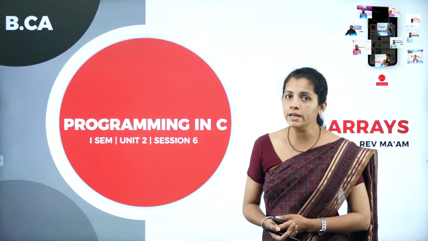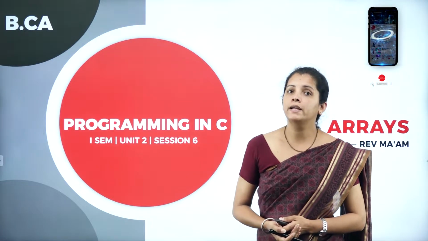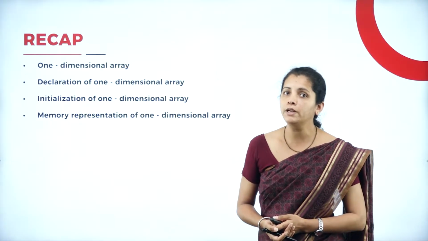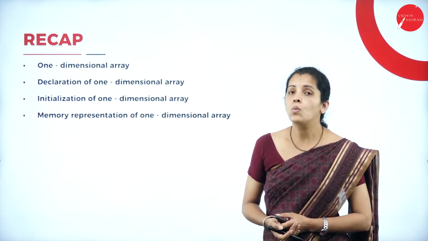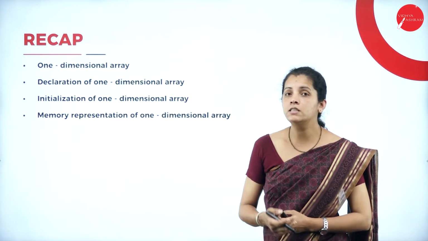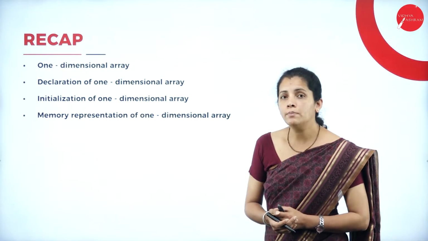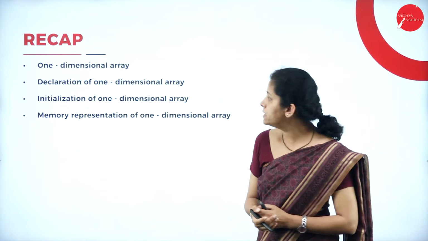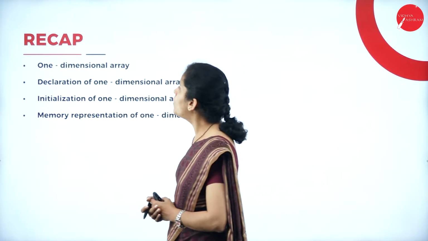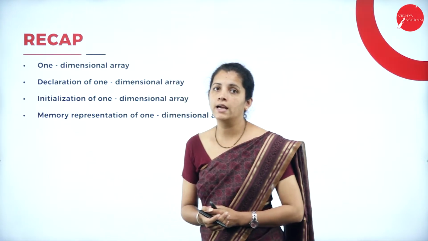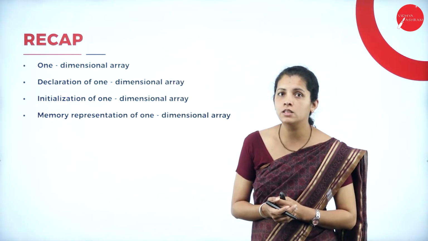So dear students, before starting today's session, let me recall what I discussed in my last session. In my last session of this chapter, I started with one-dimensional arrays. What is a one-dimensional array?